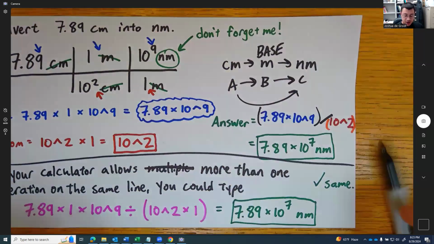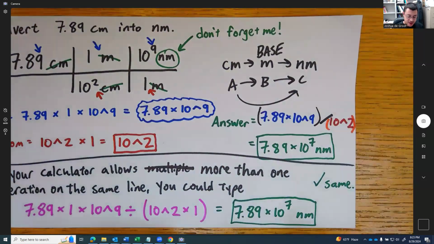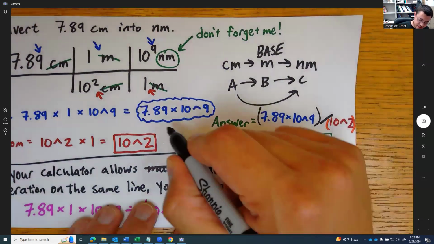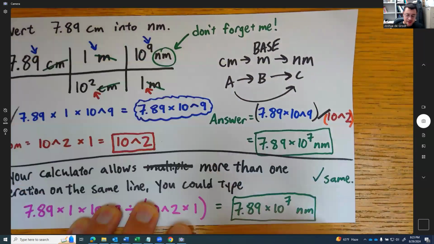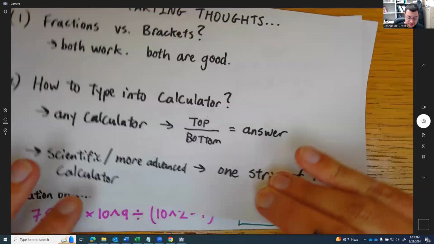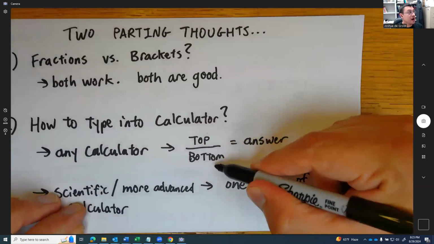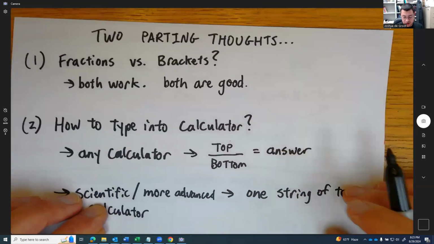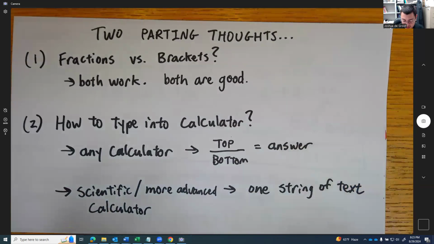Okay. My parting thought is this. In my experience, more students prefer doing this top bottom method and then calculating by doing top divided by bottom gets you your answer. If you go that way, that's great. It's a nice, consistent method.